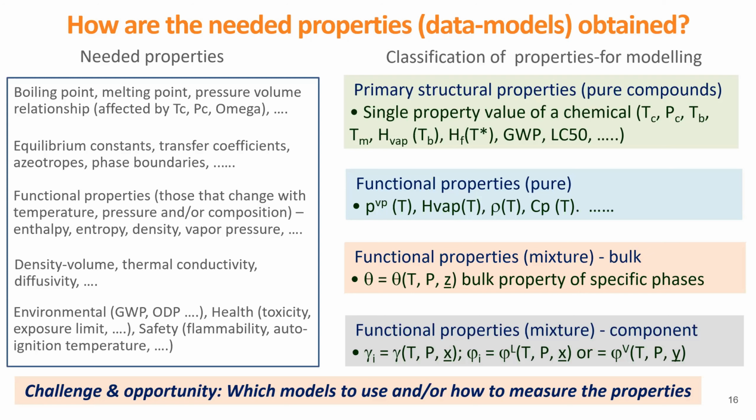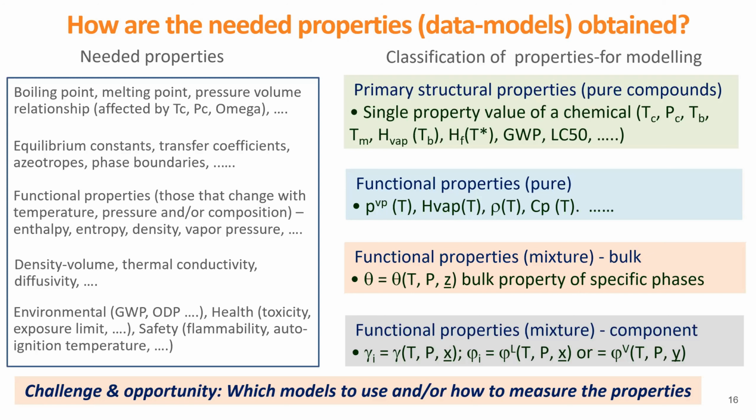So activity coefficient in the liquid phase for every compound, fugacity coefficient in the liquid phase for every compound i, or fugacity coefficient i is missing there for the vapor for every compound. So these are then the properties we need.